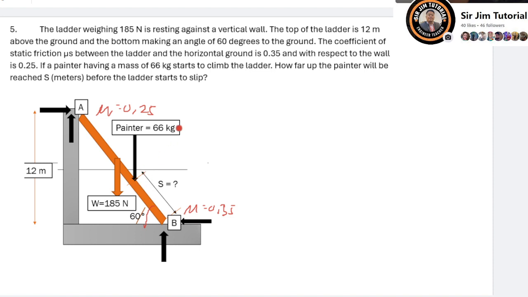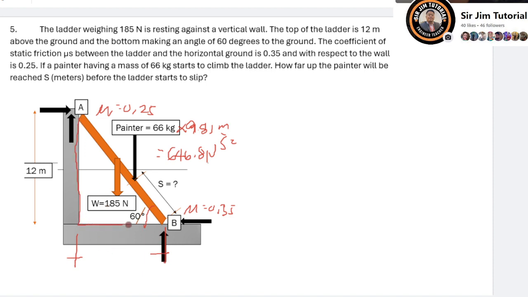So if we convert this one to Newton, multiply by 9.81 meter per second squared, this will give us a value in terms of Newton equivalent to around 646.8. So we can say 646.8 Newton. Okay, so this distance, by the way, is just using this triangle.